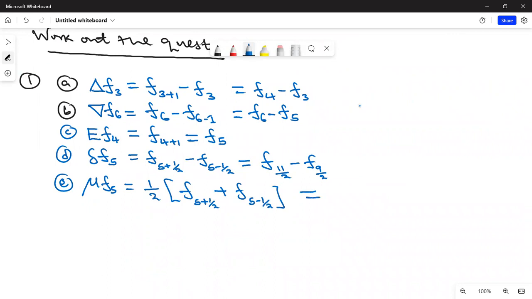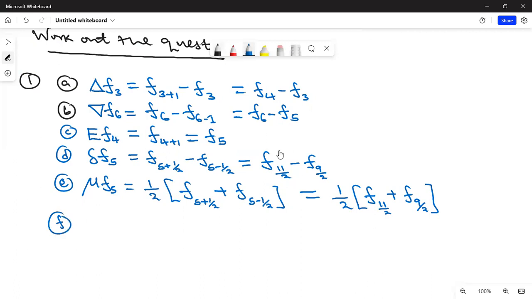So that's simply equal to 1 over 2 of F of 11 over 2 plus F of 9 over 2. Those are subscripts, don't confuse them. And I've told you when we write F subscript i, it is the same as F of x i. That's what it means. Now the other one is E squared of Fi. That's part F.